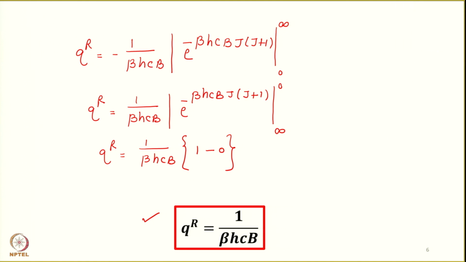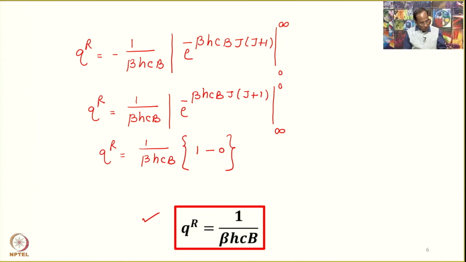So this was a simple derivation which led us to this expression, where we are now able to connect the rotational contribution to the partition function with the rotational constant.